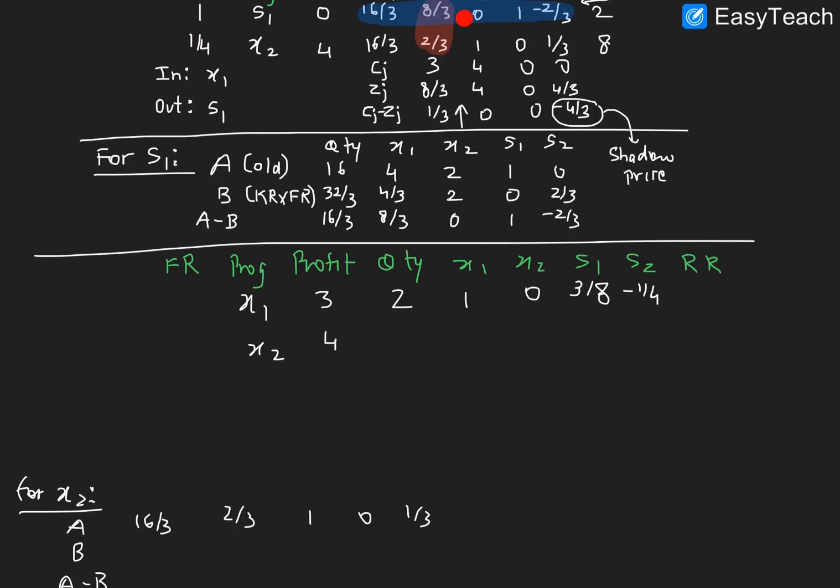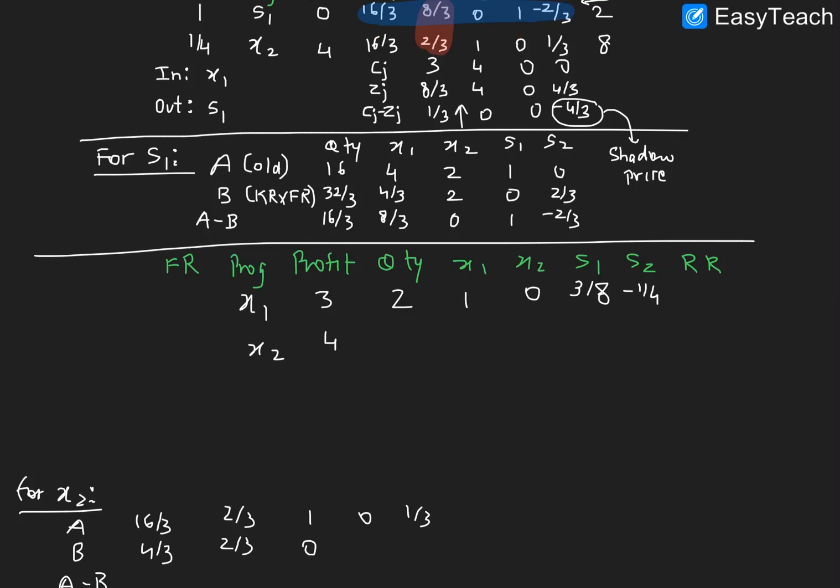B is this 1 by 3 multiplied by the key row. So 1 by 3 into 16 by 3... that will be 4 by 3. Then 1 by 3 multiplied by 8 by 3, so that's basically 2 by 3. Then 1 by 3 multiplied by 0, that's 0.